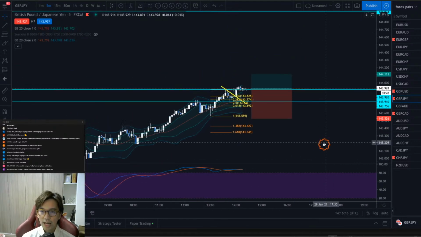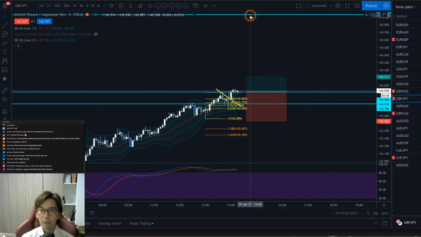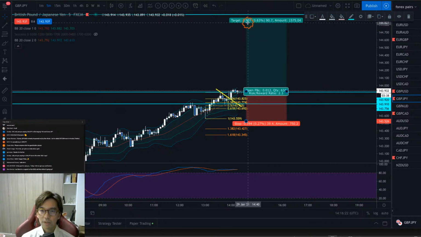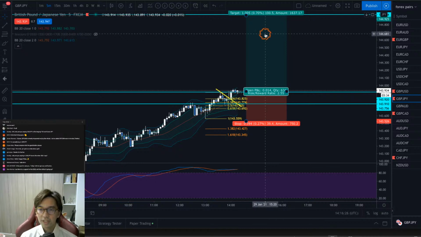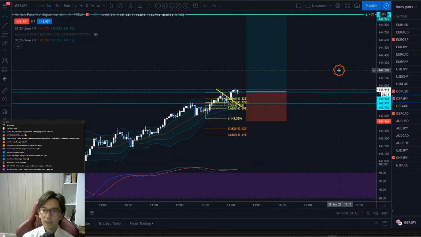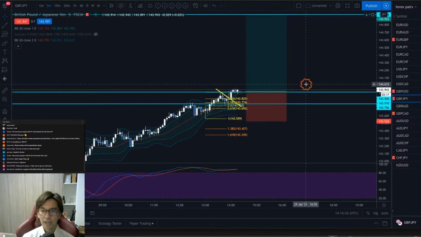So the previous high on the daily was all the way up here, which is going to be my target. So the risk reward ratio will be 2.25, which is okay. I prefer to take trades with a risk reward ratio above 3, but I still take this one and buy at the moment over here now.